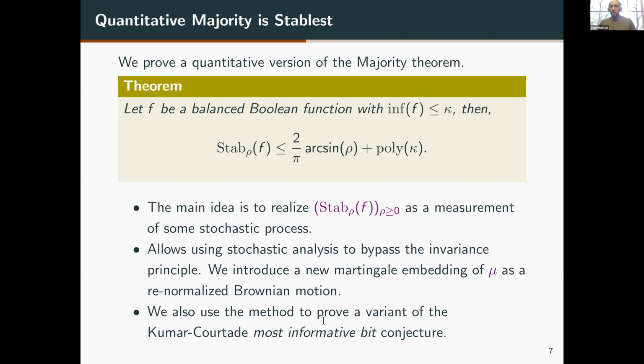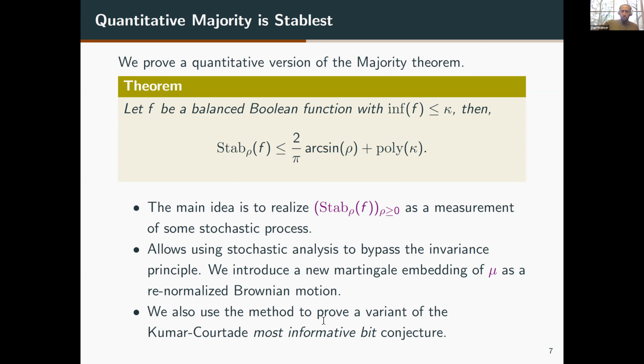Basically, the idea is not to look at the stability itself, which is an expectation of something, rather to realize the integrand as a stochastic process and study the path of this process, rather than how the expectation evolves in time.